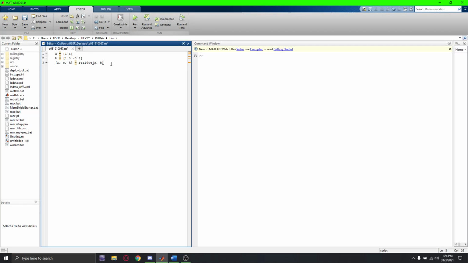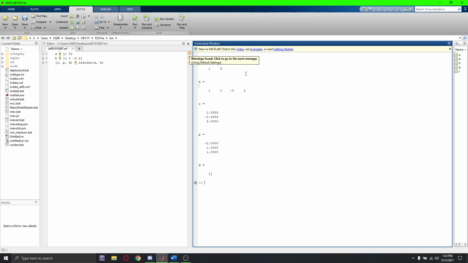Okay, if we run, we will see that the command window will show A, which is the numerator of the question, while B is the denominator of the question that we put. R is our partial fraction numerator, while P is our denominator of partial fraction.